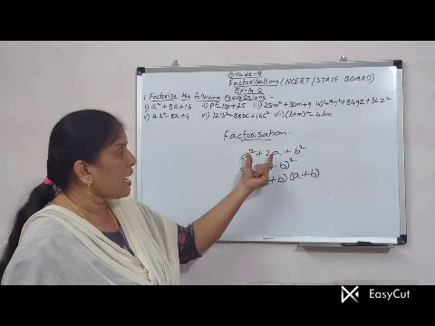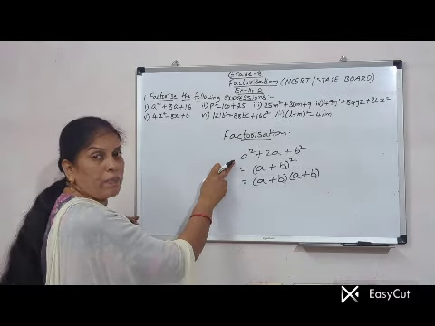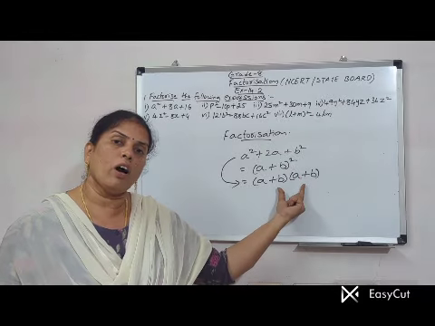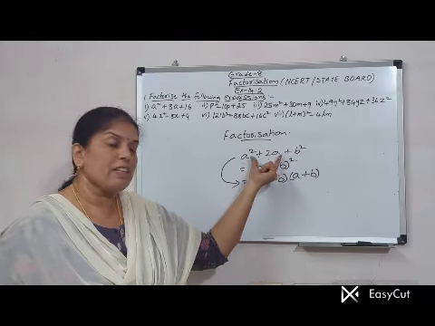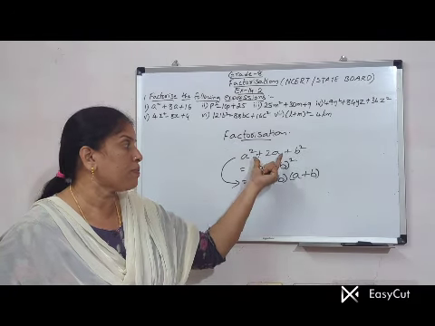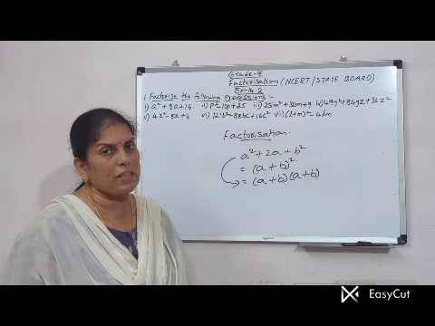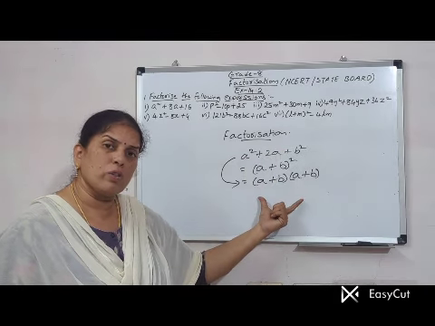If you observe this algebraic identity, a square plus 2ab plus b square is divided into a product of two factors. That means a plus b is a factor of a square plus 2ab plus b square, and another a plus b is also a factor of a square plus 2ab plus b square. That means by this what did we understand?